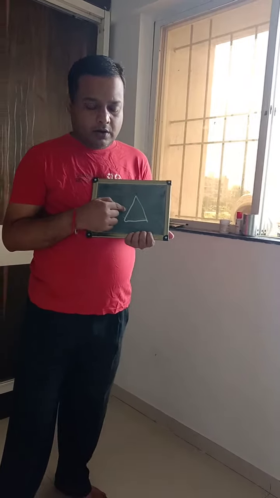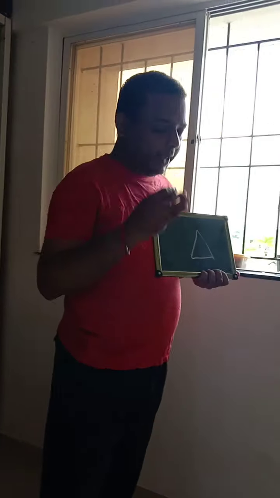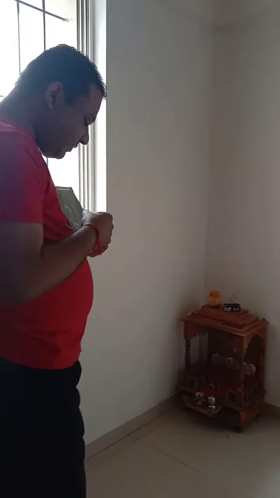This is a triangle. Here I want to construct a circle, but in two ways. First, an outer circle of the triangle, and second, an incircle of the triangle.